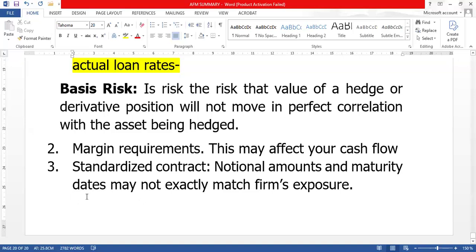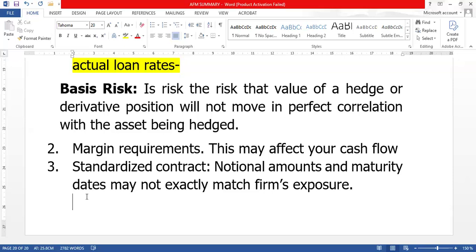And because here you are looking at standard futures, March, June, September, imagine you are planning your transaction to happen in July. You will be required to use the contract of September.